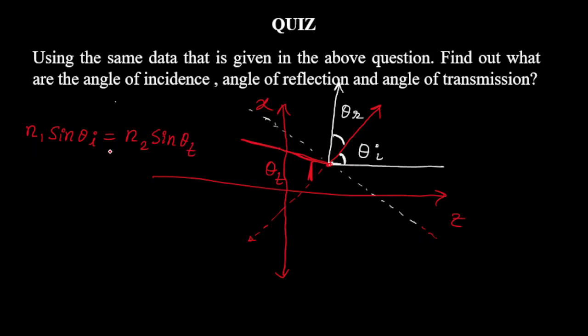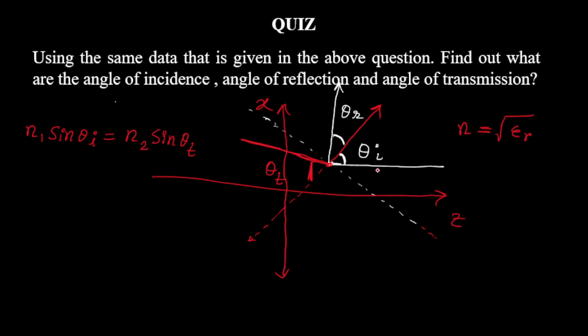Now what are n1 and n2? They are the refractive indices of these two media. We know the dielectric constant, and there is a relation between the dielectric constant and the refractive index of any medium: n is equal to under root of epsilon r, where epsilon r is the dielectric constant of the medium and n is the refractive index.